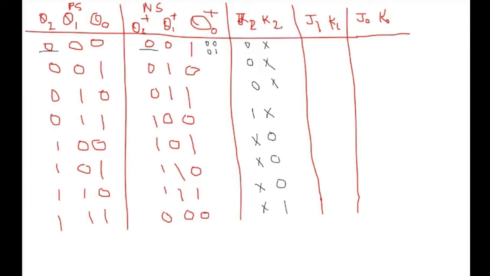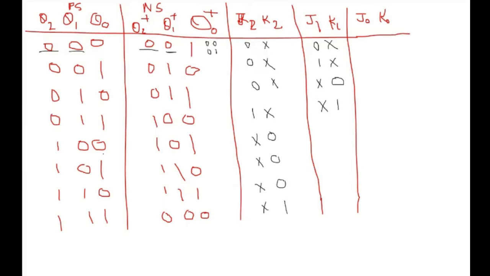Then we will make the same table for J1 K1. For J1 K1 we will be talking about Q1 and Q1 plus. 0 to 0, 0x. Then 0 to 1 is 1x. 1 to 1, x0. 1 to 0, x1.